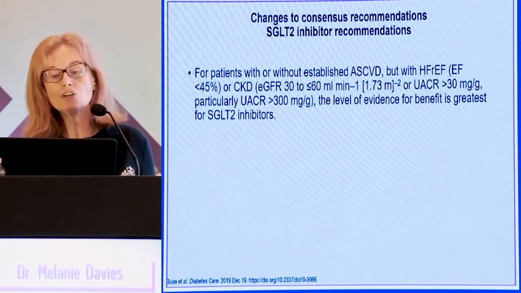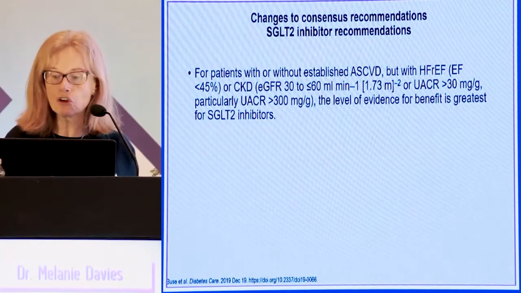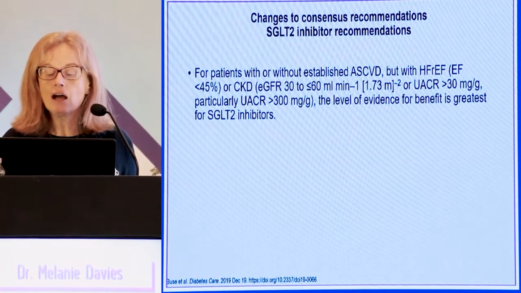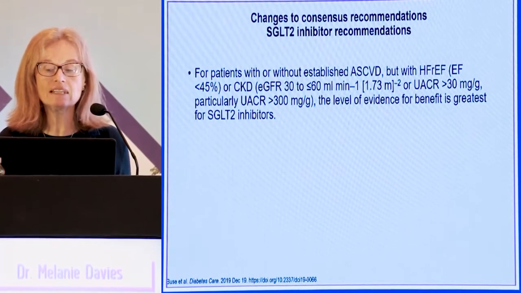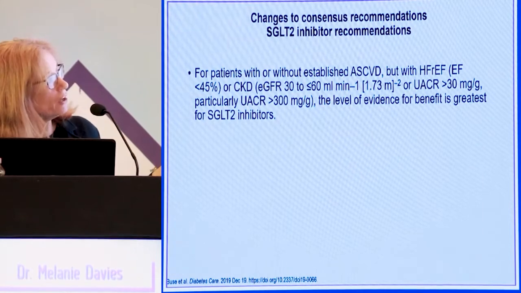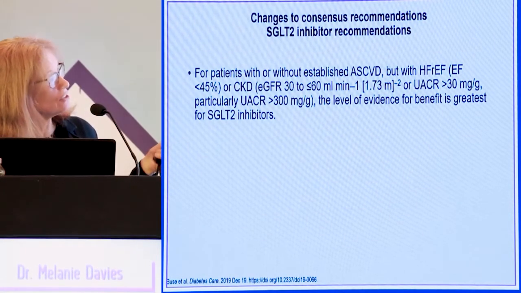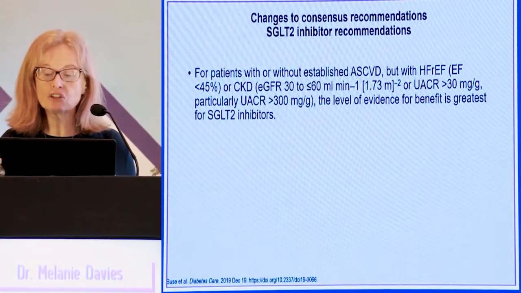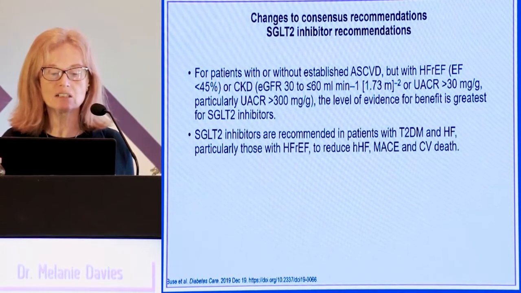The SGLT2s are recommended in people with or without established atherosclerotic disease, but particularly with reduced ejection fraction heart failure or chronic kidney disease. And we talk about an albumin-creatinine ratio of greater than 30, but particularly greater than 300. We have very good evidence now for the benefit of the SGLT2s, particularly with CREDENCE and others.